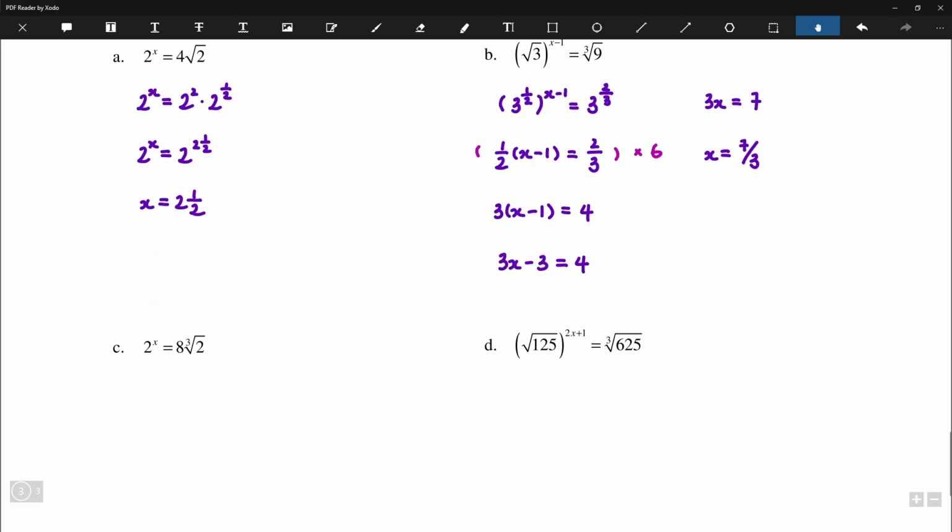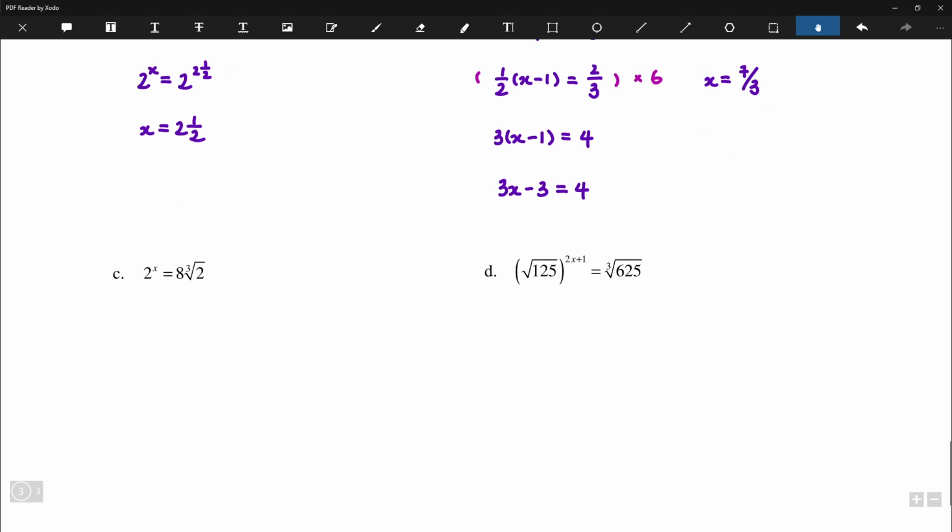So example C is very much alike example A. So again, we have 2 to the x on the left-hand side. On the right-hand side, we have 2 cubed because of the 8, multiplied by 2 to the 1/3 power.